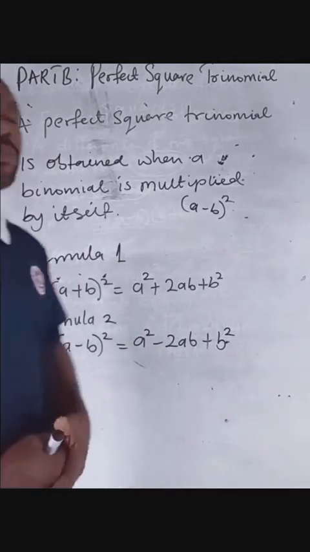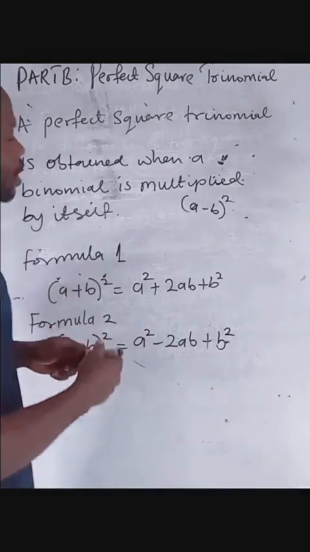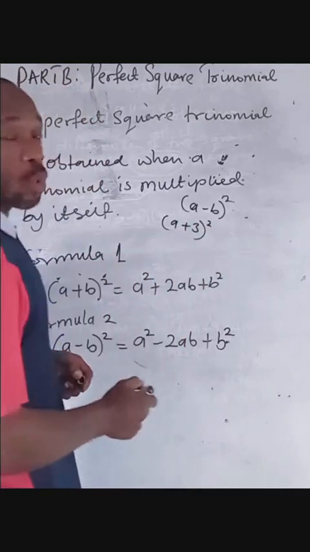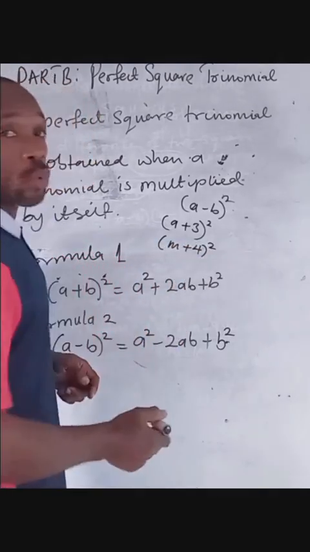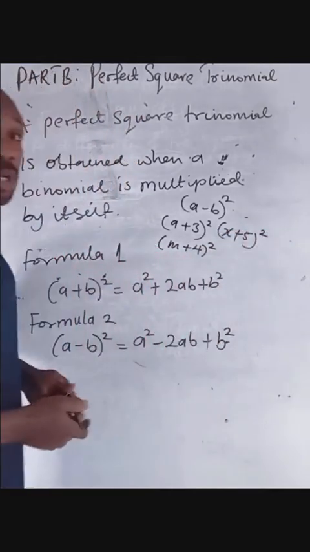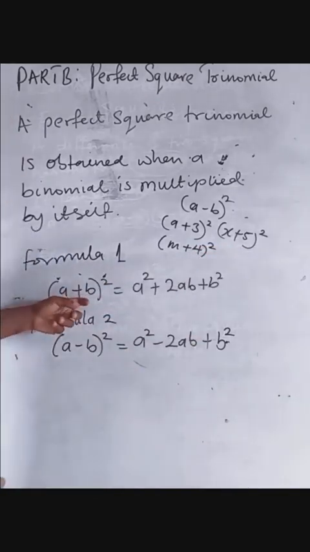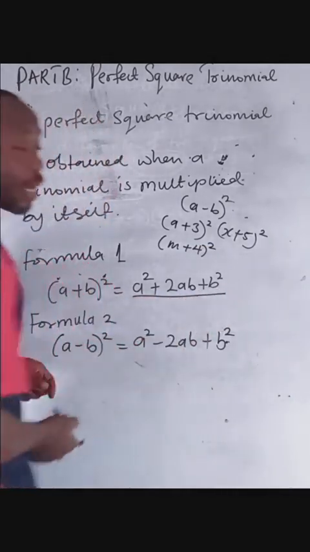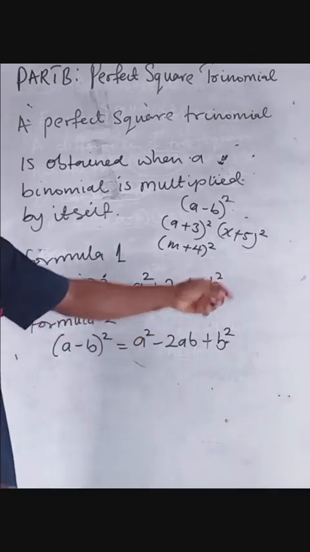So when you have an algebraic expression of the form a plus b squared, maybe something like a plus 3 raised to the power 2, or m plus 4 raised to the power 2, or x plus 5 raised to the power 2, and you are asked to factorize it, this is the formula that you are going to apply: a squared plus 2ab plus b squared.